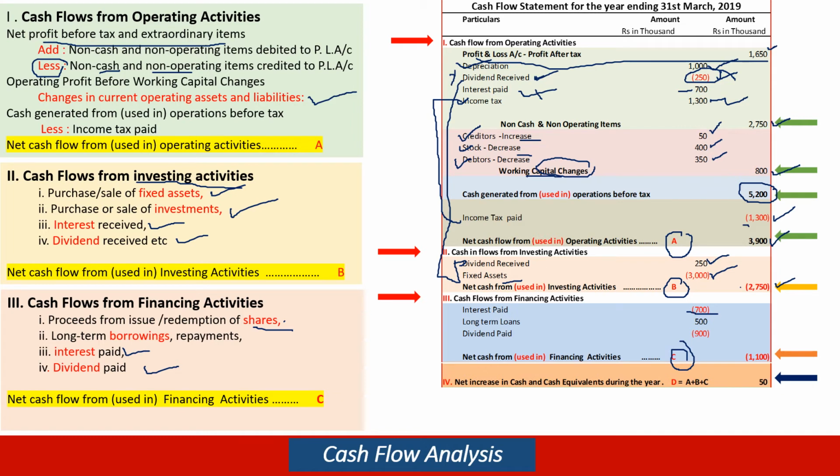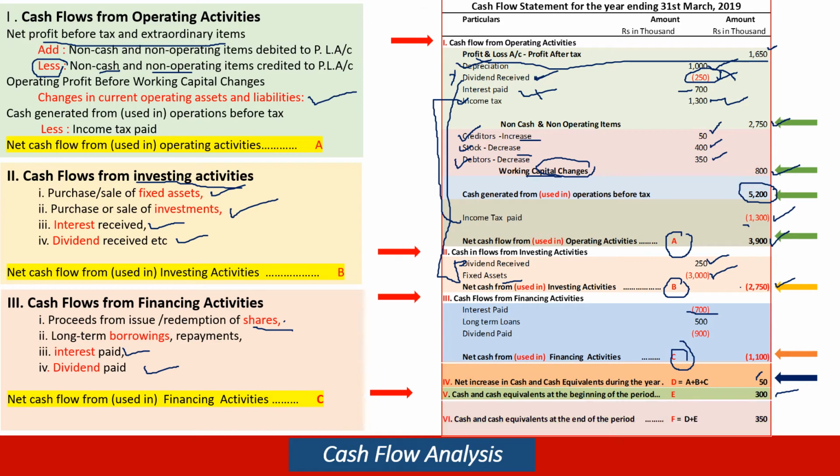Net increase in cash and cash equivalents during the year. Means if you started with X amount, during the year you had an addition of 50, your closing balance has to be X plus 50, and it works like that only. Cash and cash equivalents in the beginning is 300. During the year under ABC, we have received 50 as increment, and that takes our closing balance to 350. Cash flow statement has to be understood in these three components.